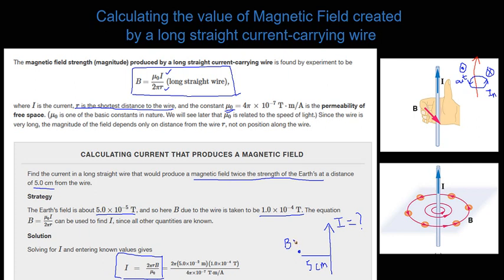And using this given value of field, you have to calculate what current produces that field. And you can see that you substitute for R and substitute for the field and the permeability constant, and you get the current. So that's a simple example of calculating the current using this formula.